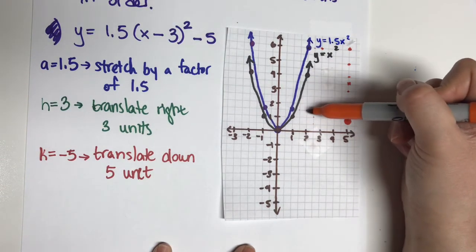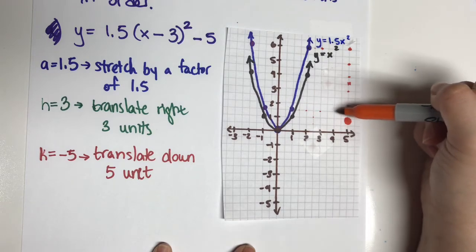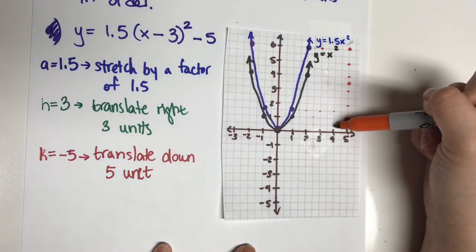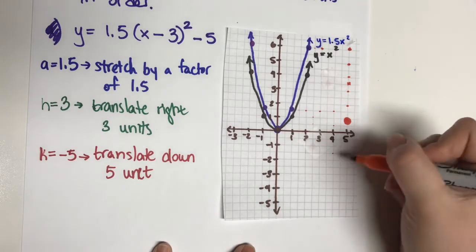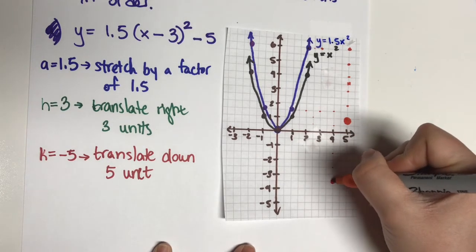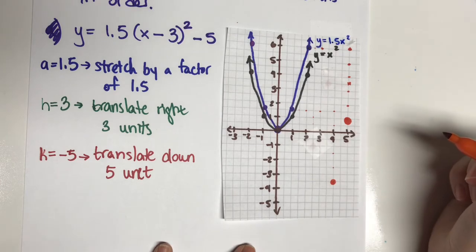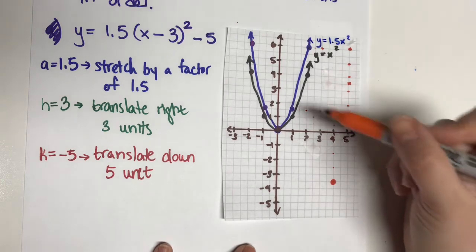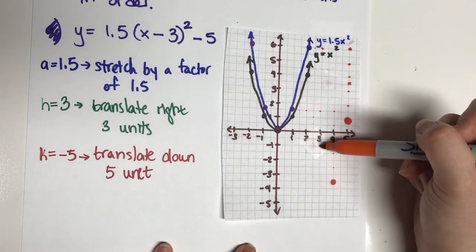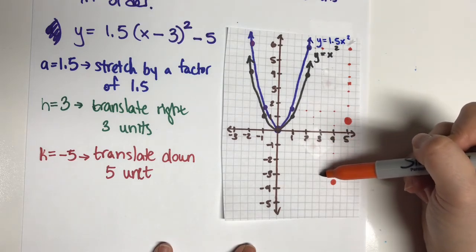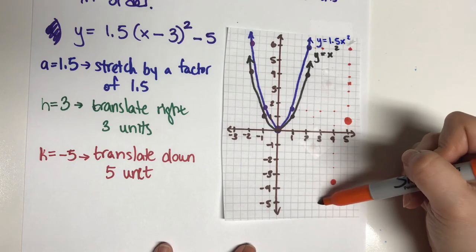To the right 3, 1, 2, 3, and then down 5: 1, 2, 3, 4, 5. Do the same thing here: 1, 2, 3, and 1, 2, 3, 4, 5.